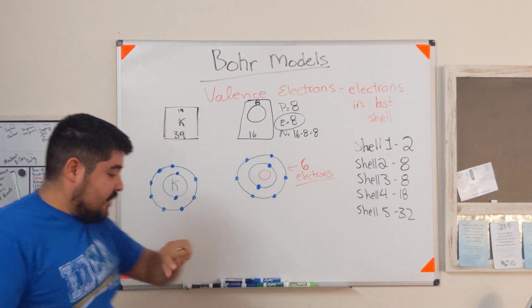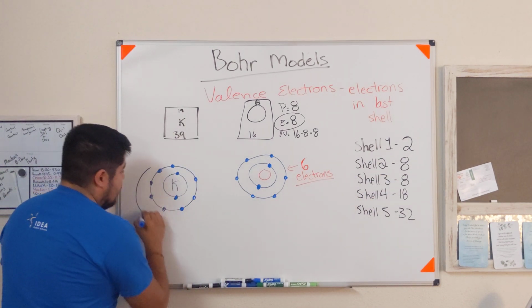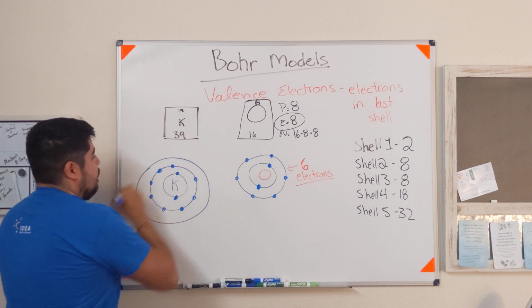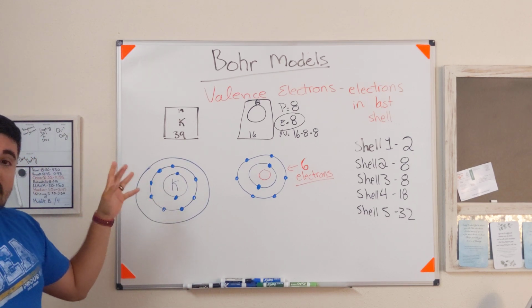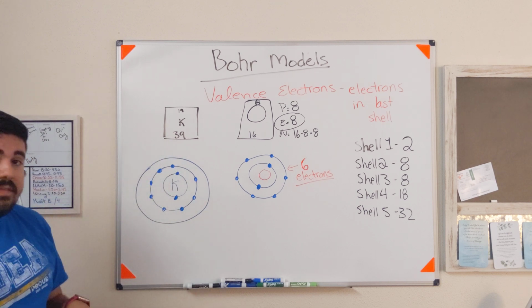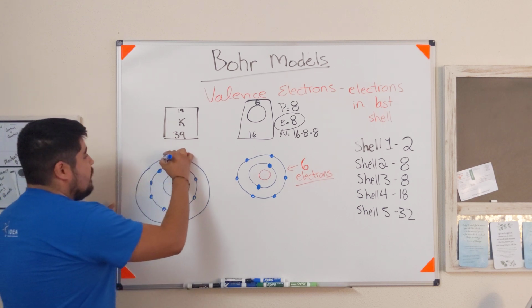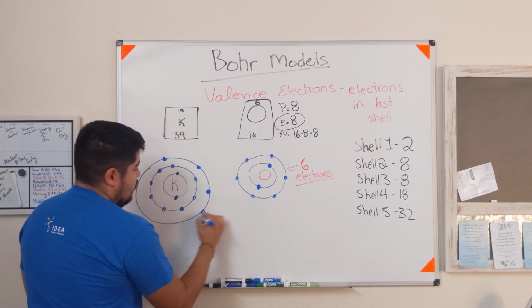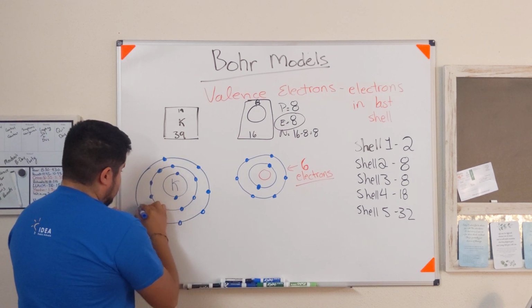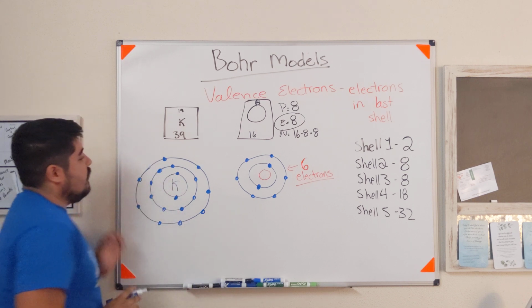So I have to draw my next shell. Now I have 10, I have 9 left. So I have to fill this up with 8: 1, 2, 3, 4, 5, 6, 7, 8.